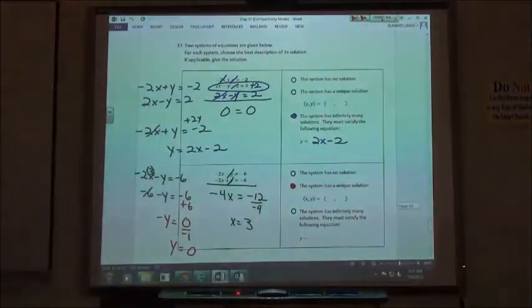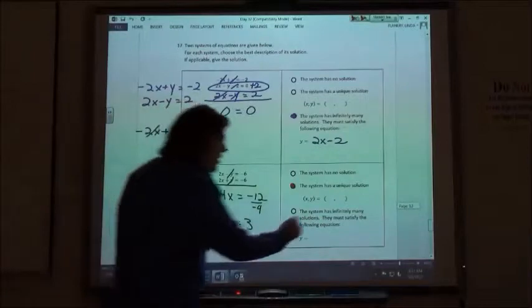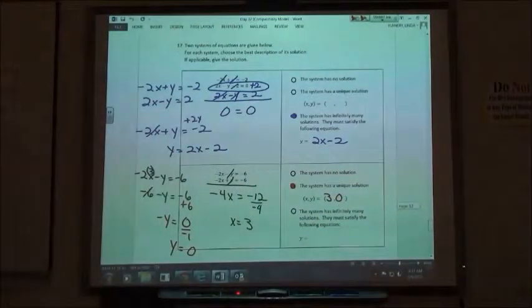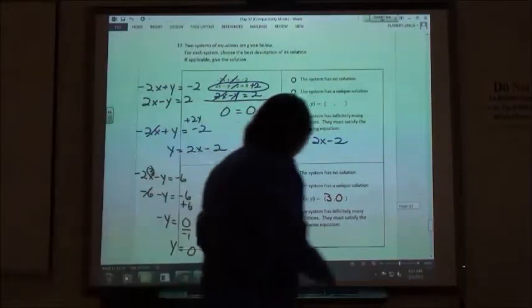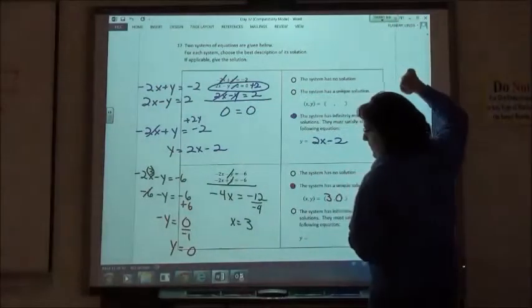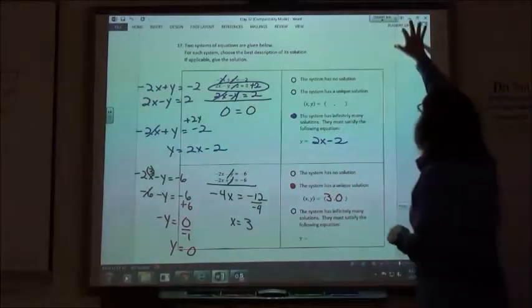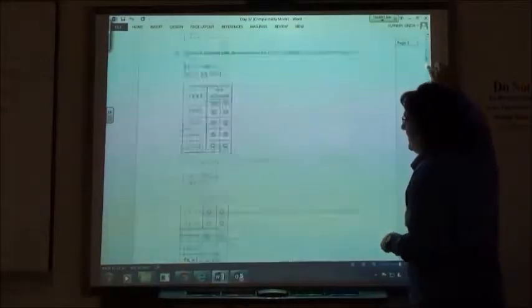When we write it, we put the x first and the y second. So (3, 0) is my solution because x was 3 and y was 0.